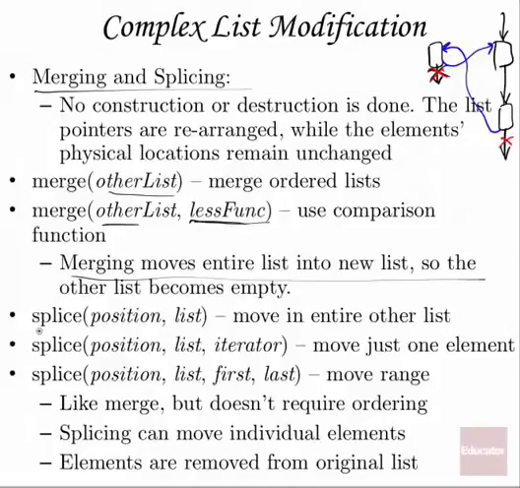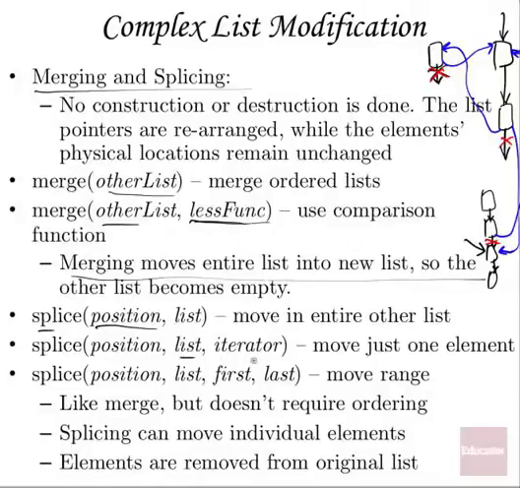Now splice says they don't have to be in order, but this is where I want to put the new list. So if I have a list, and I have an iterator right here, and I want to move the other list in front of this. Yeah, let's say we have this list. So how are we going to work this? This will now point to that, and this will now point to that, and this link is now gone.